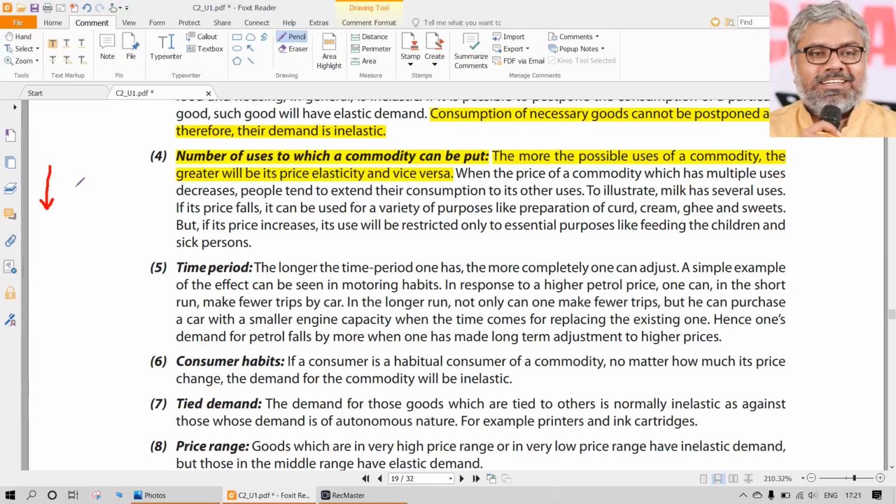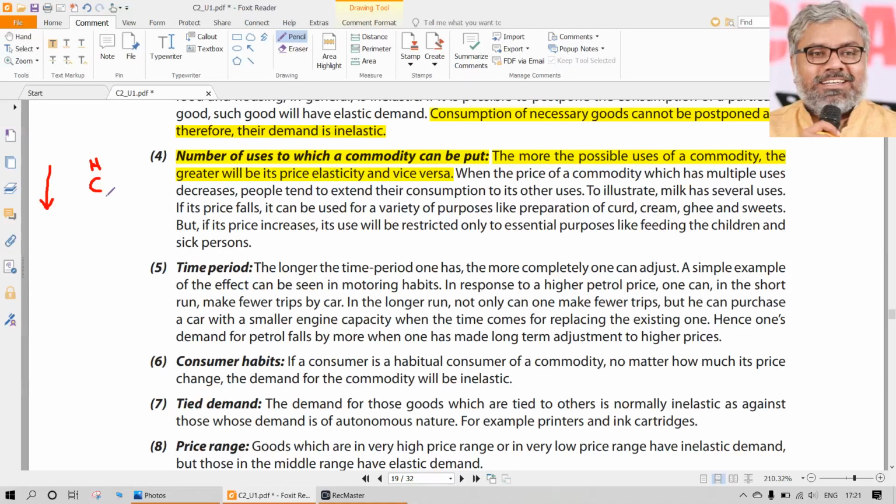But imagine if the electricity prices are reduced drastically, a lot of reduction. Then we might shift from gas cooking to electrical cooking also. There is one use which we normally have for household appliances, and we may extend the use of electricity for cooking also.